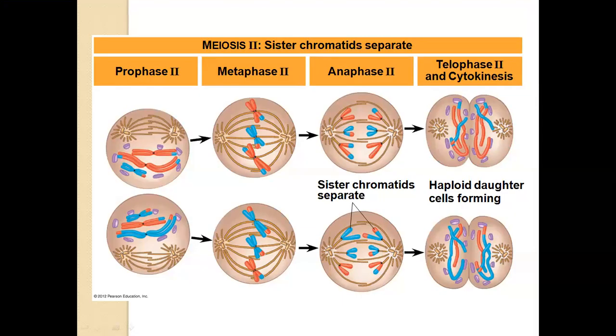After cytokinesis 2, we are going to obtain 4 cells, and these cells are haploid. So instead of having 46 chromosomes, they are going to have just 23 chromosomes each.